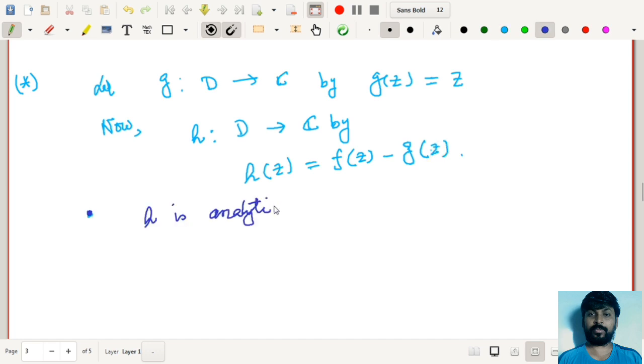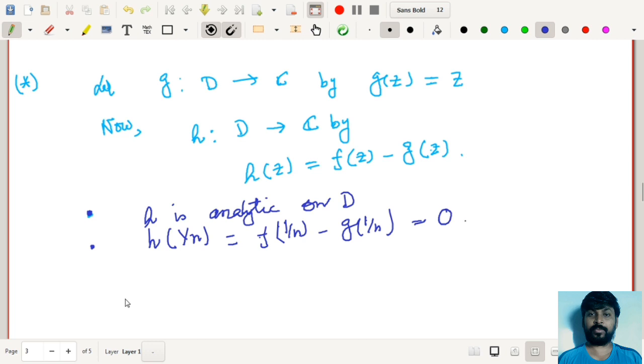Then the first observation is h is analytic on D. And the second observation is h of 1 by n is the same as f of 1 by n minus g of 1 by n, right? So this is nothing but 0.